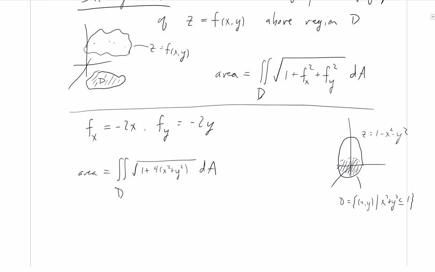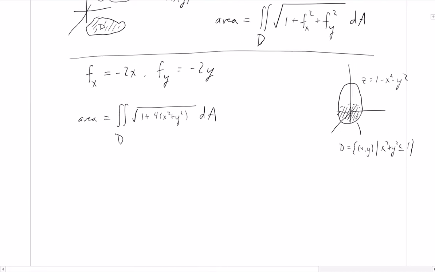So at this point it would probably be best to convert to polar coordinates, for two reasons. One, the region D is the inside of a circle, which is easier to describe in polar coordinates. And the integrand function includes x squared plus y squared, which just becomes r squared when we convert.